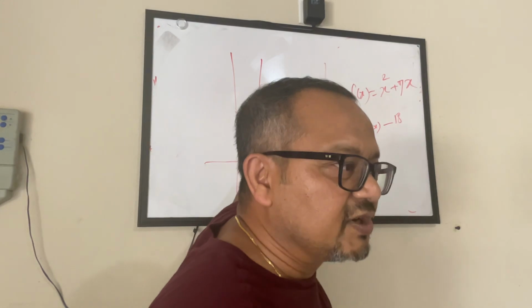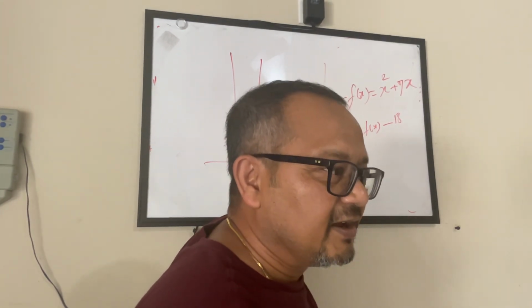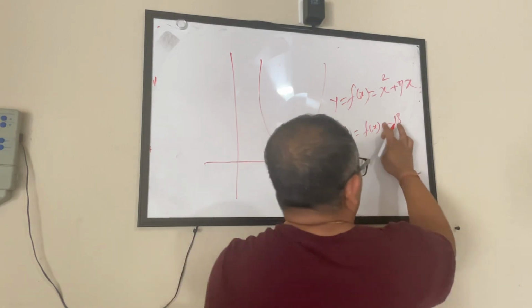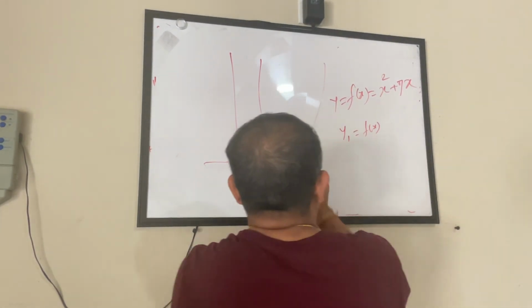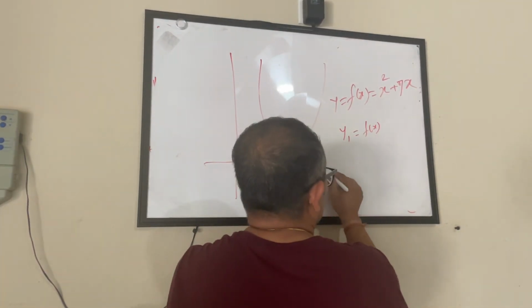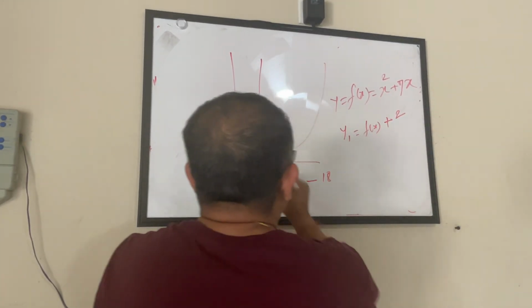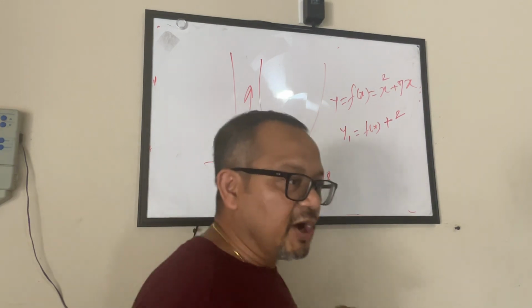This guy starts moving down like a lift, like an escalator. Okay? If it says this is minus 18, and when it says this plus 2, this is moving up by 2 points.